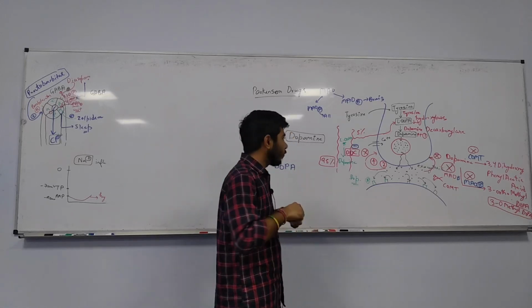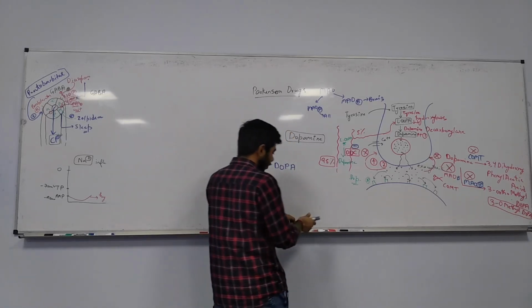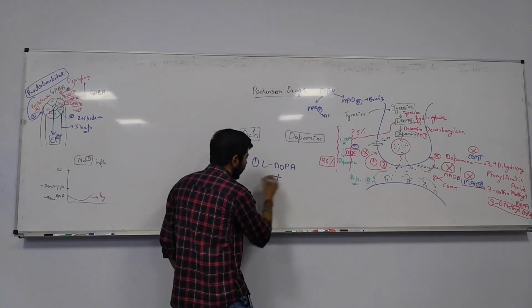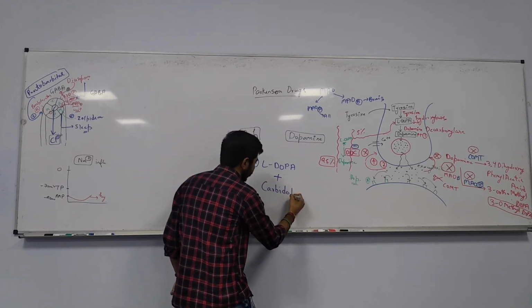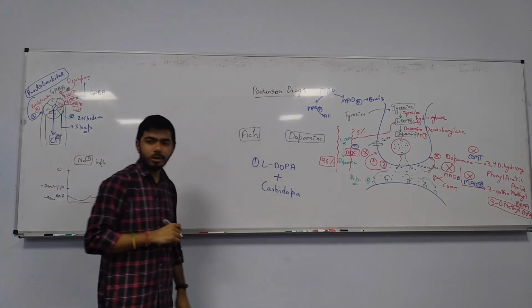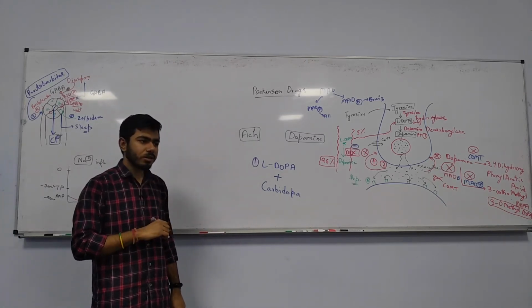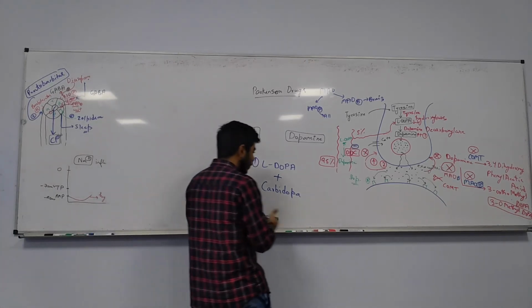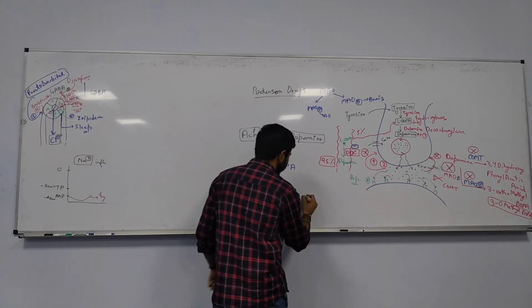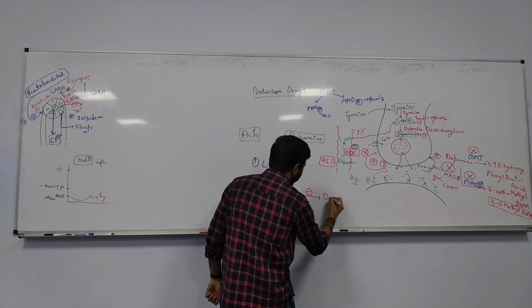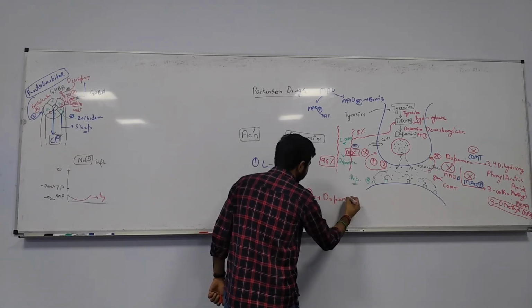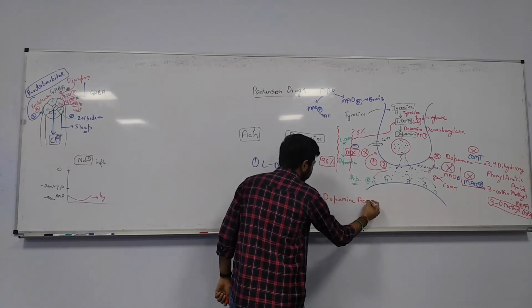So which kind of drug are we using then? Levodopa, and we usually combine this drug with carbidopa. What is the function of carbidopa? Carbidopa inhibits dopamine decarboxylase.